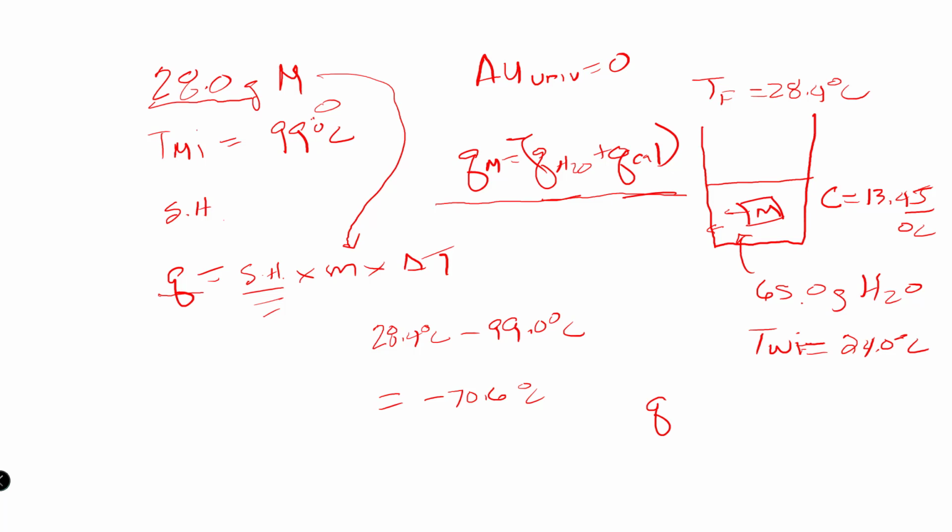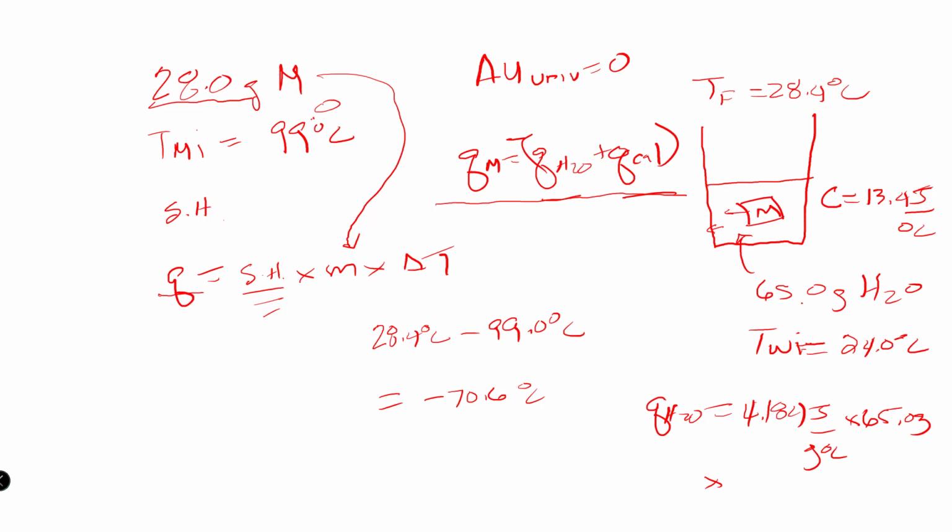Let's look at the Q of the water. You know that the specific heat of water is 4.184 joules per gram degree Celsius. You know the mass of the water, which is 65.0 grams.